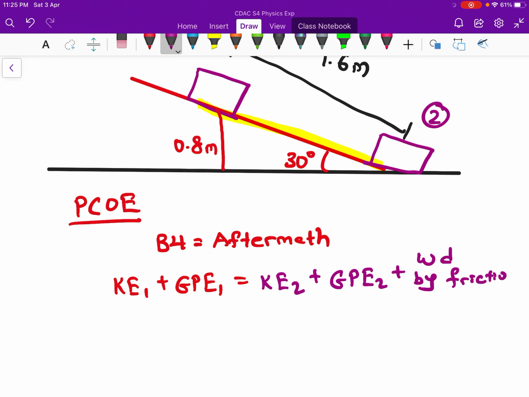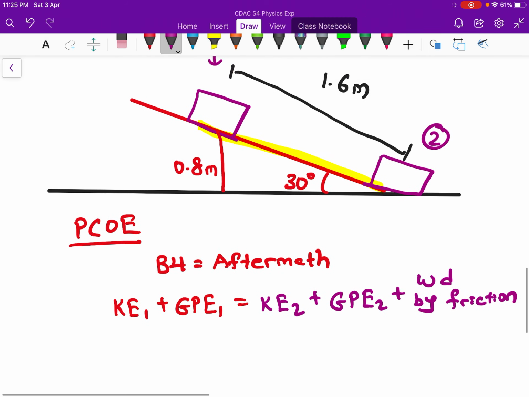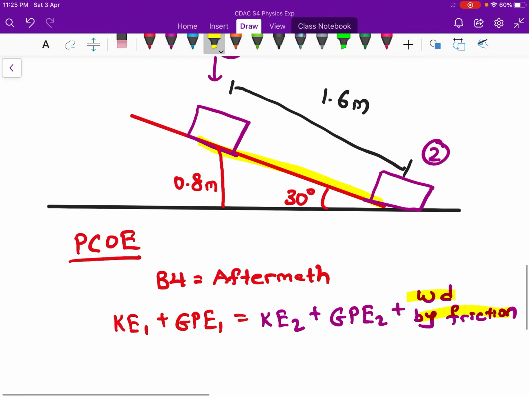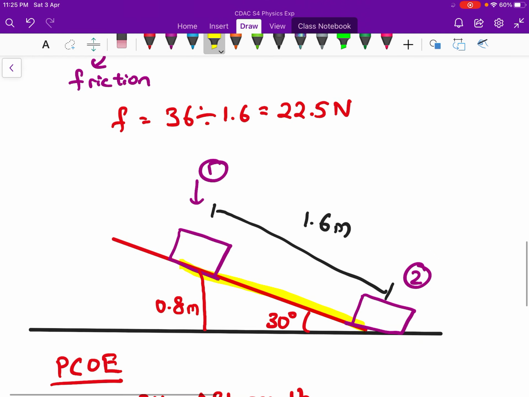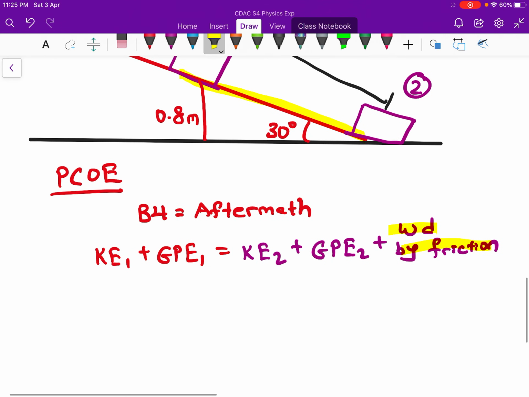For this work done by frictional force, we need to use what we have found in the earlier part. First of all, the frictional force is about 22.5 Newton, so I need to use that.